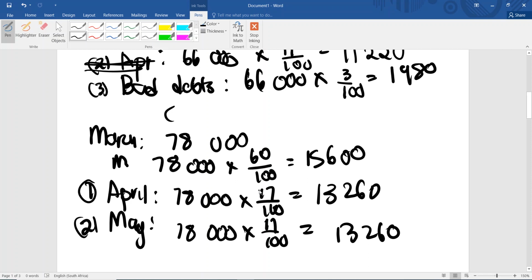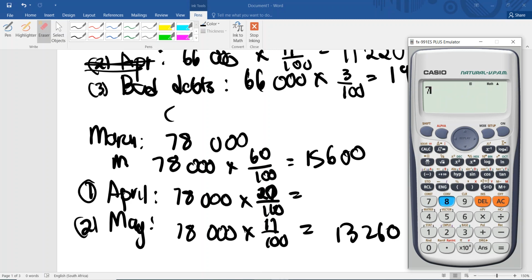Here it's going to be 20 over 100. I'll just erase this amount here. Also remember to check if what you've written is correct, because sometimes when you move between answer sheets you can forget. So let's do it. 78,000 multiplied by 0.20 is 15,600 here.